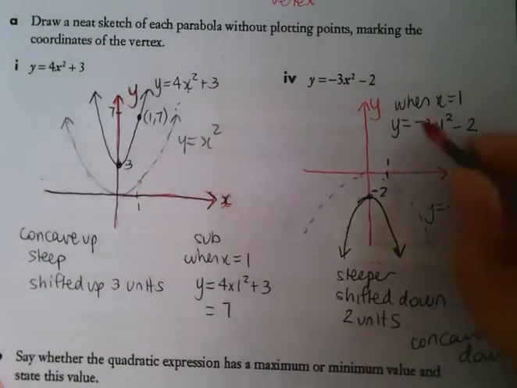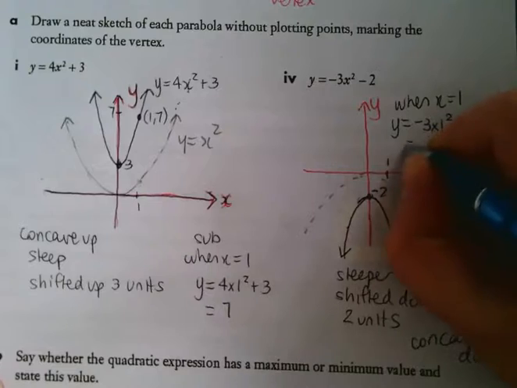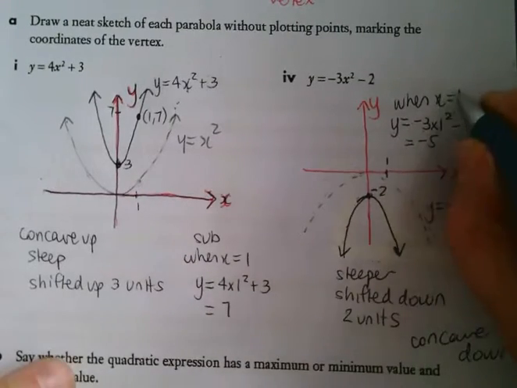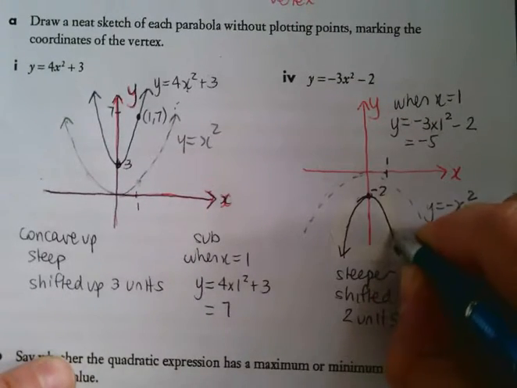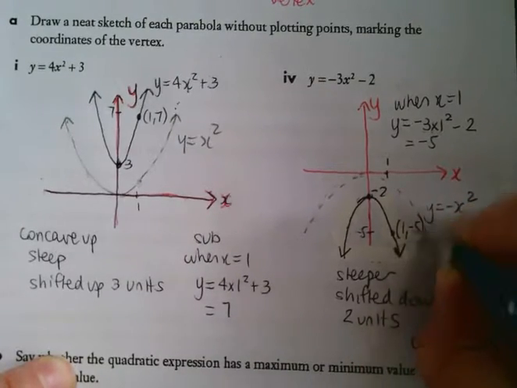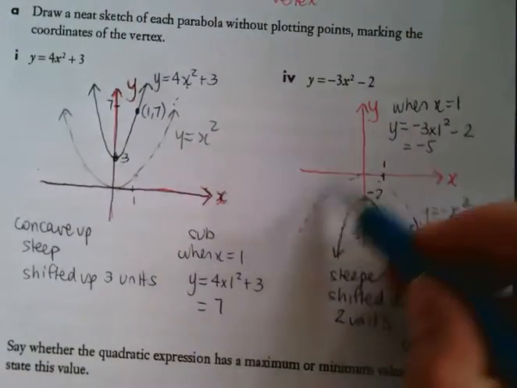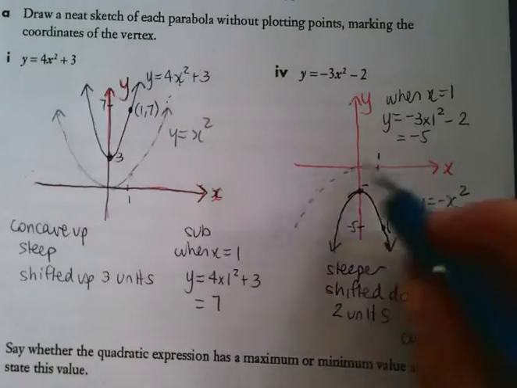So when x is 1: -3 times 1 squared. Now 1 squared is 1. So -3 times 1 is -3, minus 2. That's -5. So when x is 1, y is -5. That's a point on the graph. (1, -5) is a point on my graph. Okay? So notice it's quite steep. Y equals x squared might look like that, the dotted one.